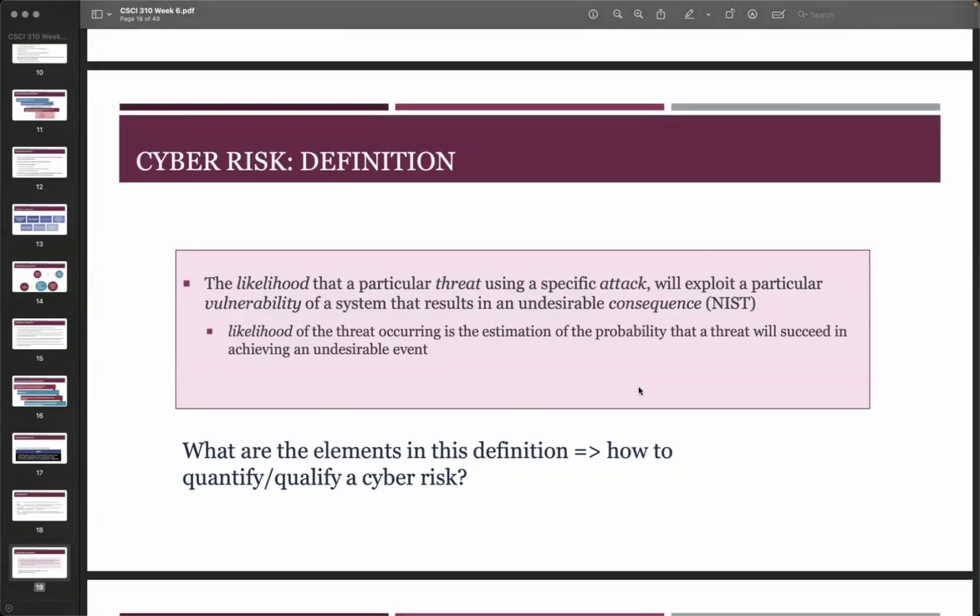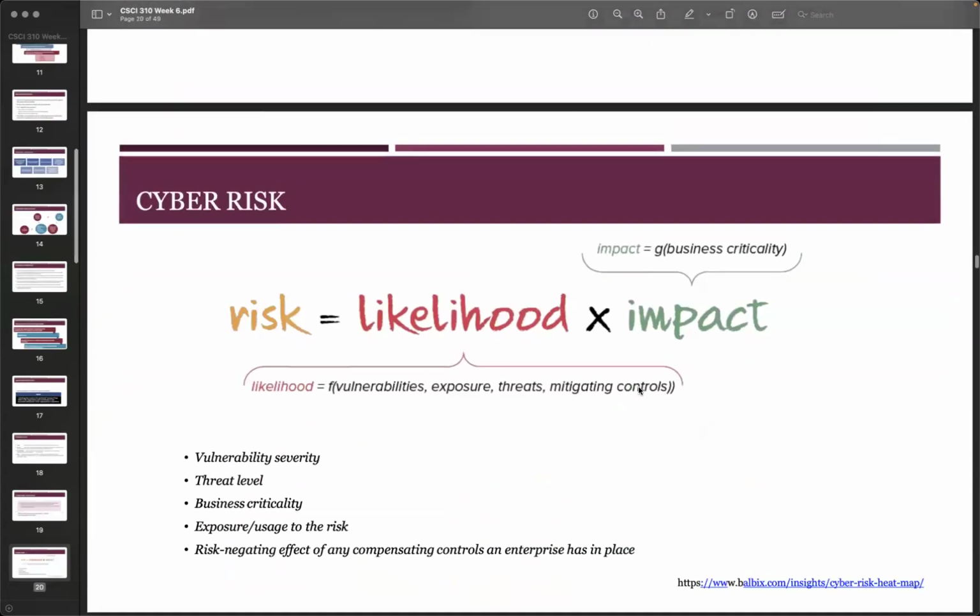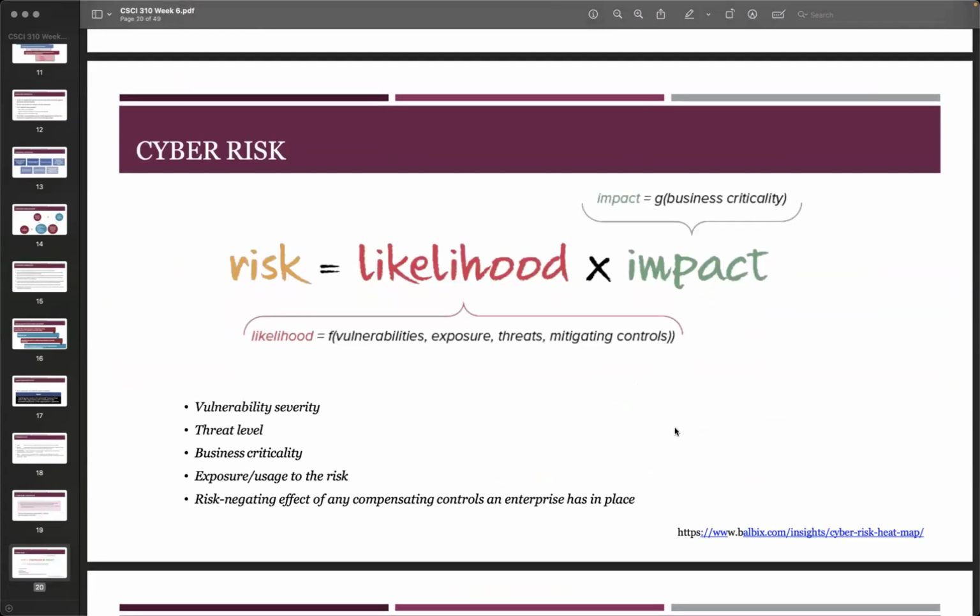And cyber risk, just like the definition again: as we say, the level of a particular threat using a special attack. So that's what we need to know. The risk is the likelihood plus the impact. So maybe business criticality, and then the vulnerability exposure, threat, and mitigating control. All of this will cause the risk.